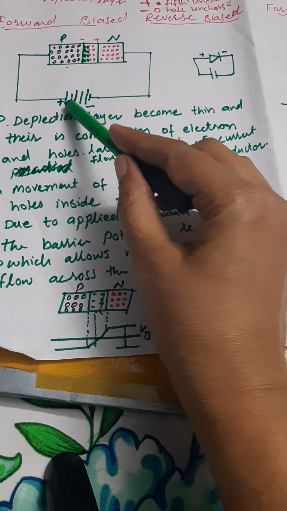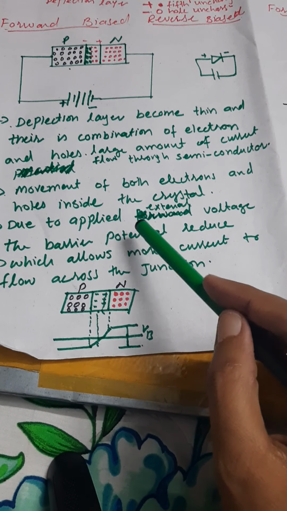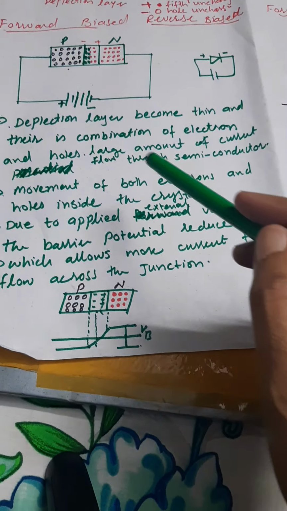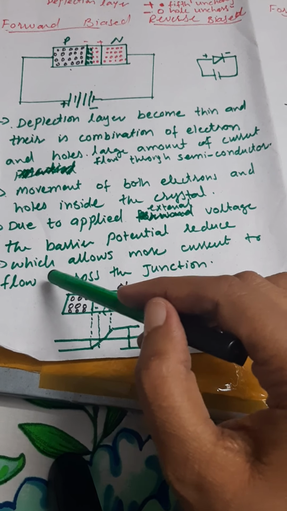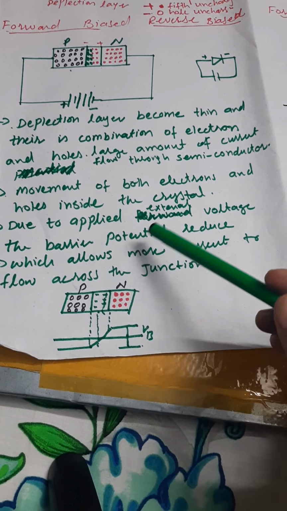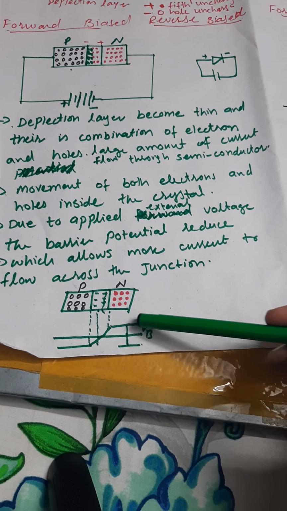Because of the external voltage applied, the barrier potential reduces, which allows more current to flow across the junction.